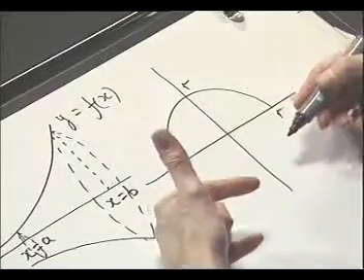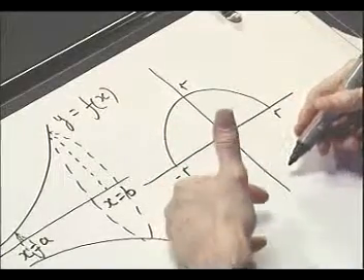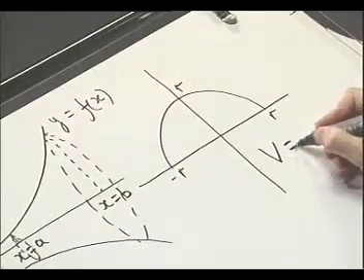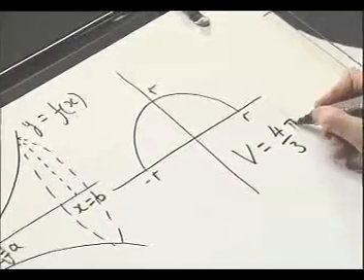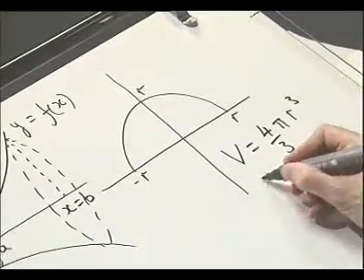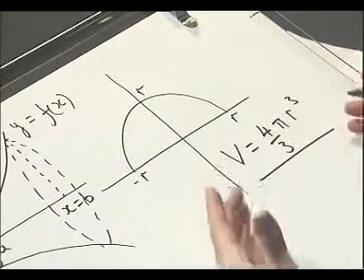And if we had a way of calculating the volume, then we would know what the volume of a sphere was. Well, most of you watching this probably already know that the volume is 4/3 pi r cubed. But the question is, where does that come from? How can we actually make that calculation?